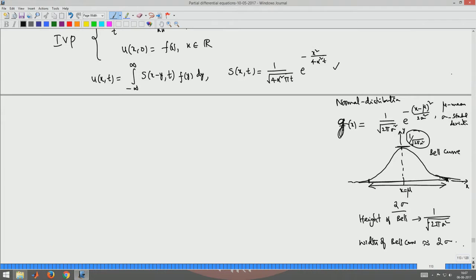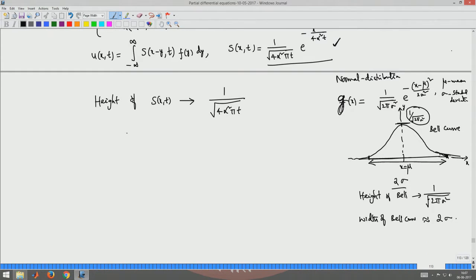Make use of these and apply here. This also looks like such a bell curve. So what is the height of s of x t? It is 1 divided by square root of 4 alpha square pi t. Okay, that's clear.